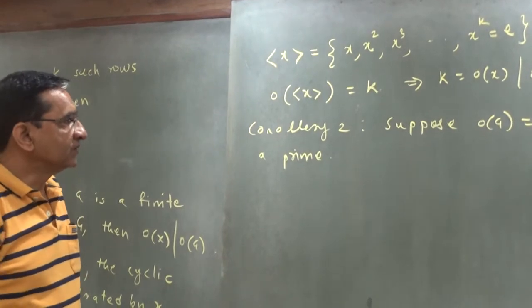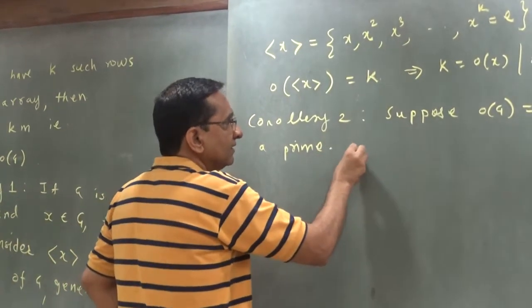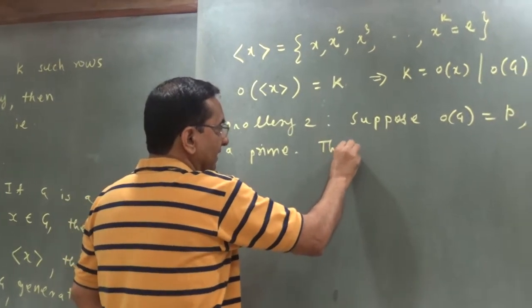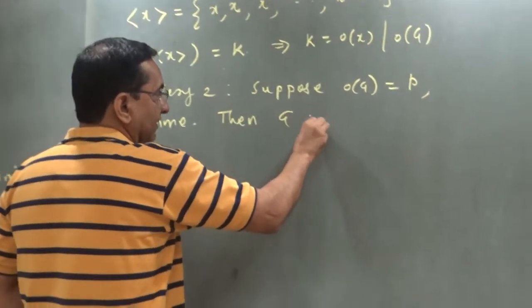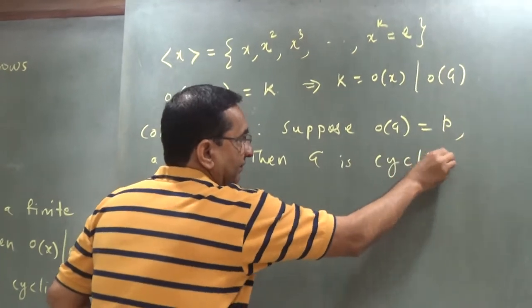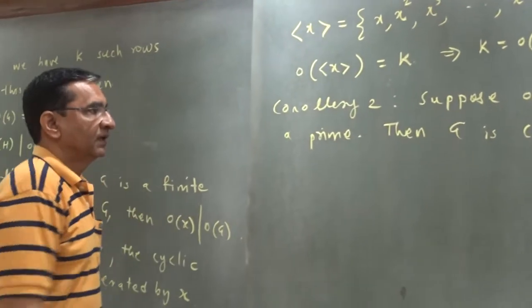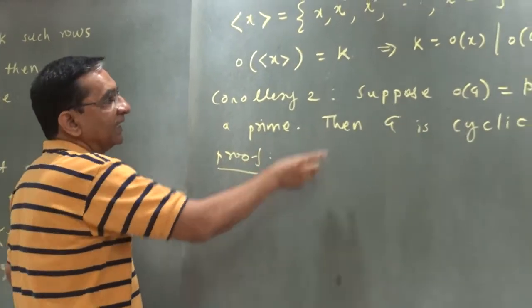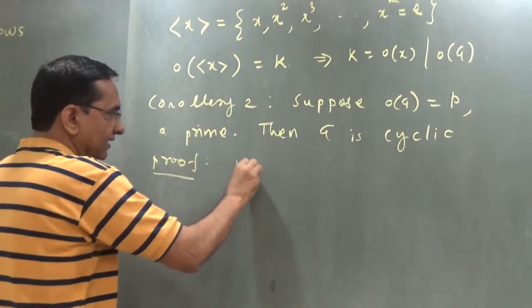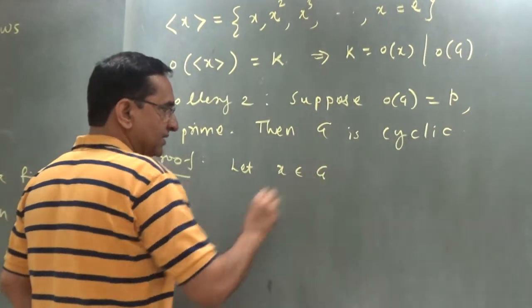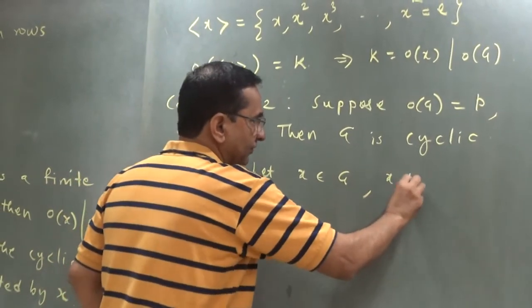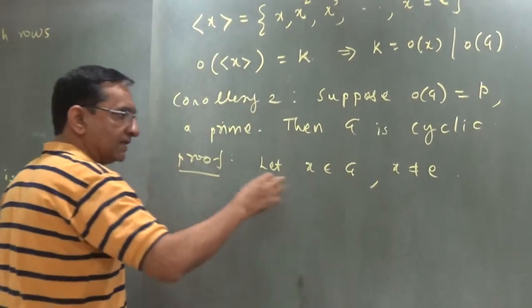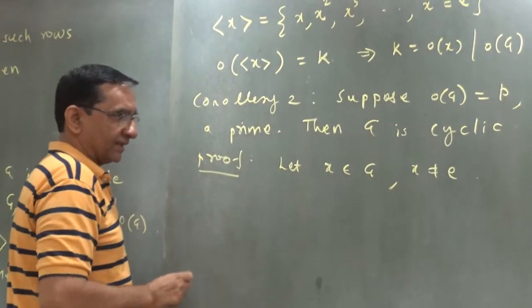So in that case, as a consequence, we get that G is cyclic. The proof is simple. Let x be any element in G other than the identity, and consider the cyclic subgroup generated by x.